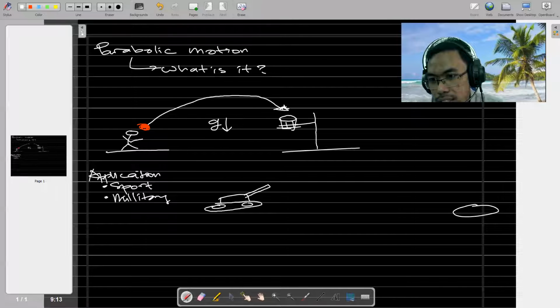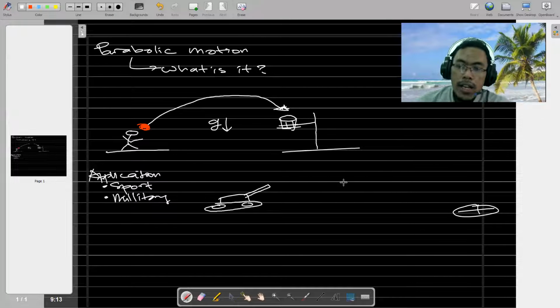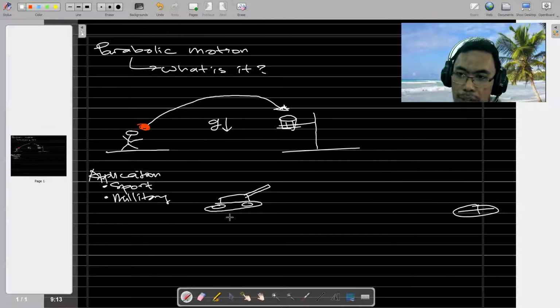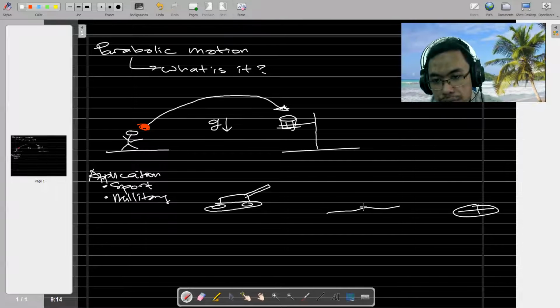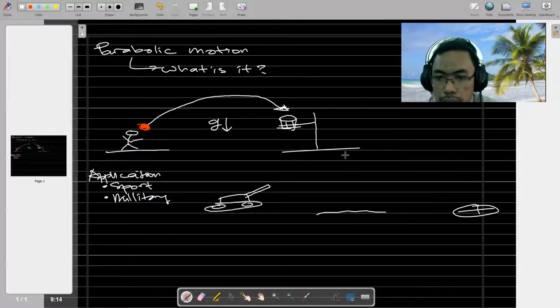So this is the target, and let's say in between the tank and the target we have some kind of building. So we have a building.